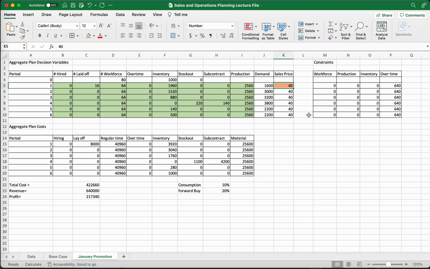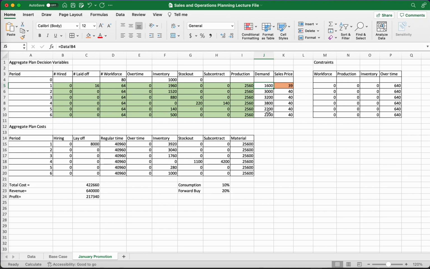So let's assume that we are going to sell the items for $39 during January, right? So the price is going to be $39 during January. And demand for January, February, and March are all going to change. Demand for January is going to change because we are going to have a 10% general increase in demand, and then 20% of demand from February and March are going to get moved to January.